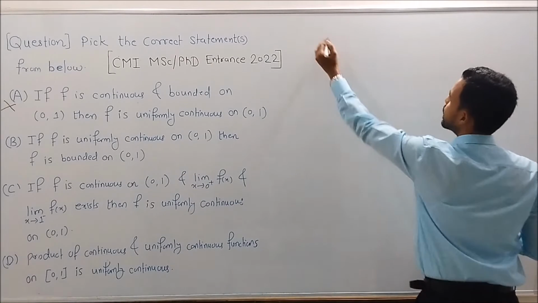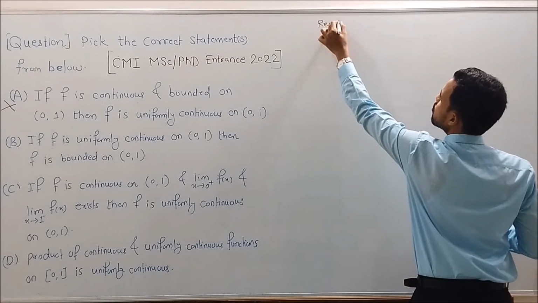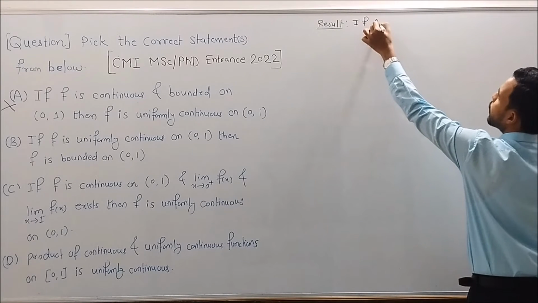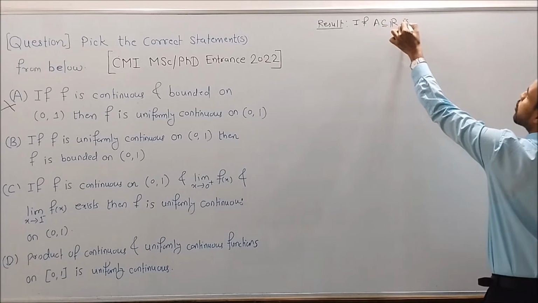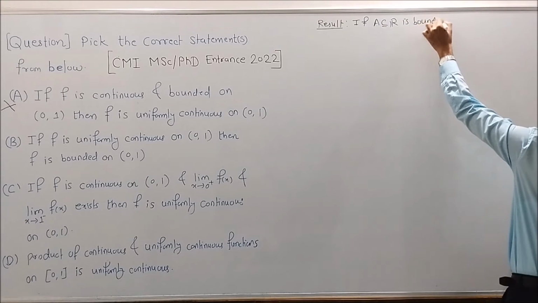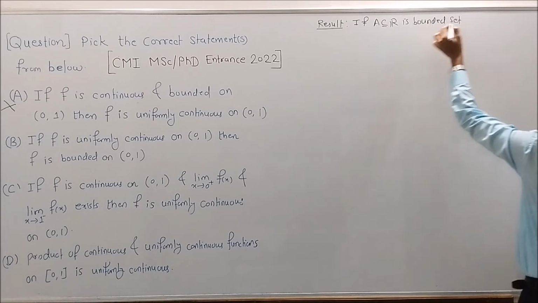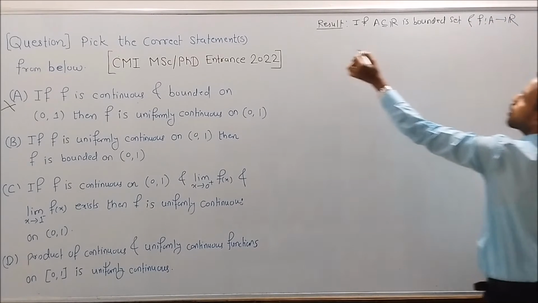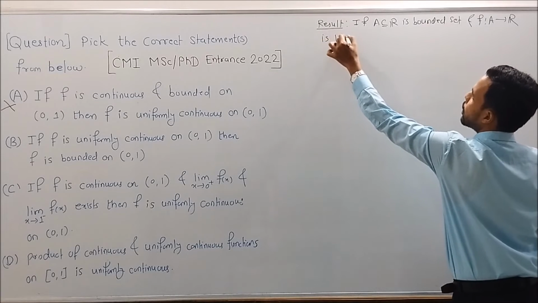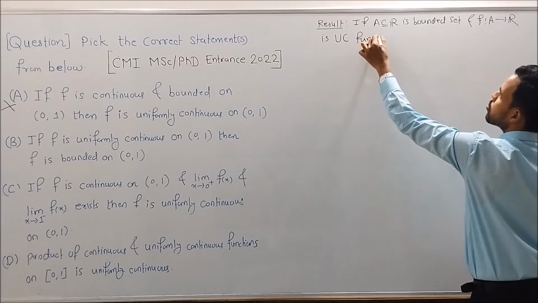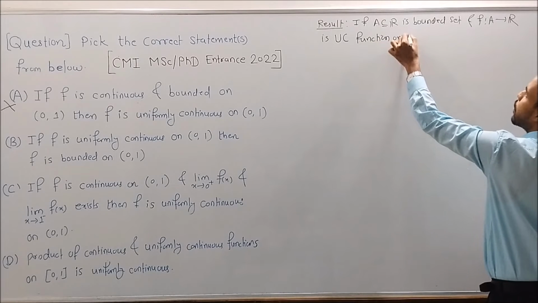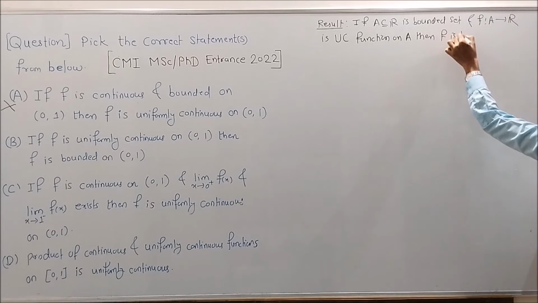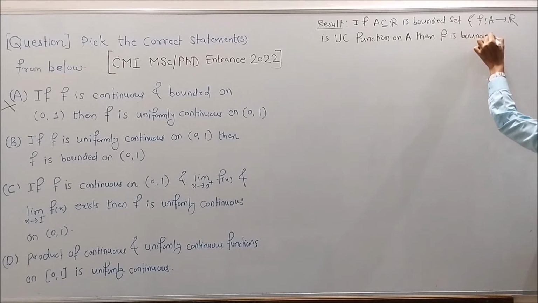It follows from the result: if A, a subset of R, is a bounded set and f from A to R is a uniformly continuous function on A, then f is bounded on A.